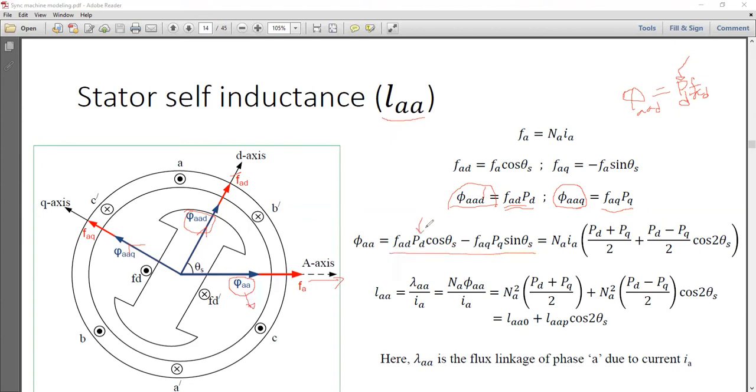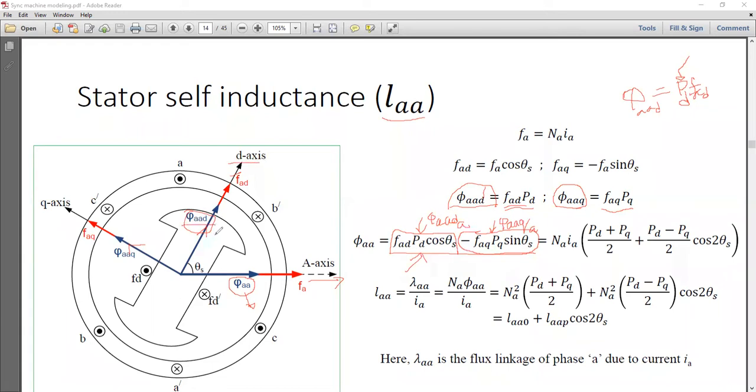So this is basically phi AAD. This is the component of phi AAD along the A axis, and this whole thing is the component of phi AAQ, again along the A axis. Now, can you calculate this? Again, trigonometry. Phi AAD is along the D axis.